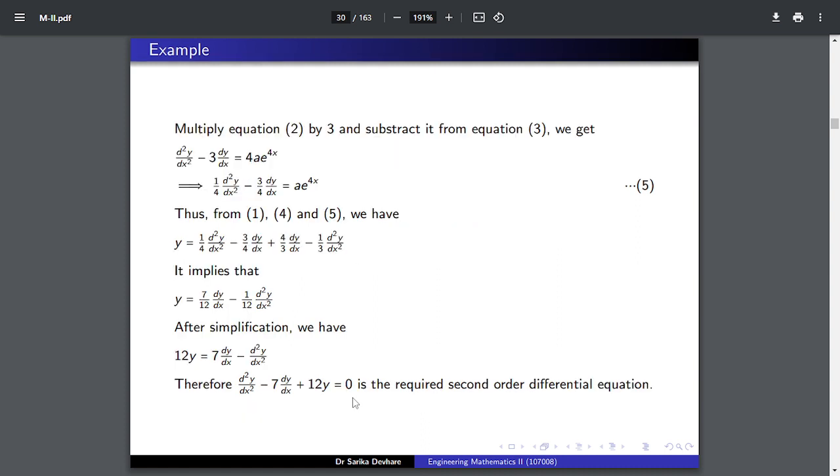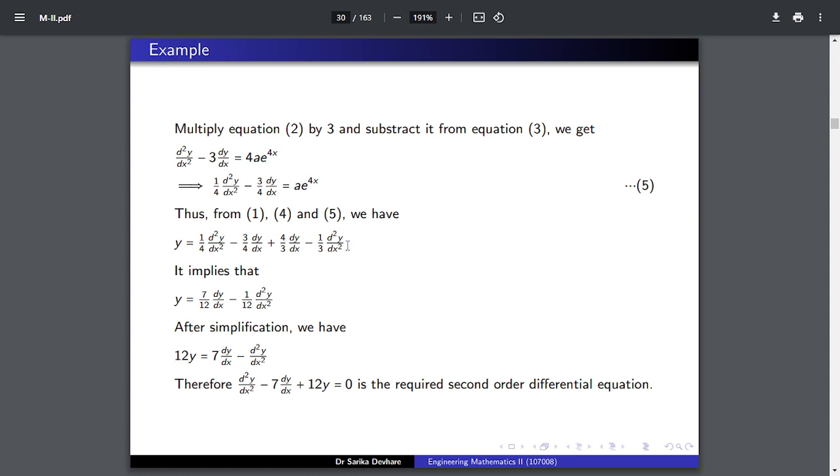The next step is to multiply equation 2 by 3 and subtract it from equation 3. Then we get the value of a e raised to 4x. So now we have two values, a e raised to 4x and b e raised to 3x. Substitute all these values in the first equation, y equal to a e raised to 4x plus b e raised to 3x.